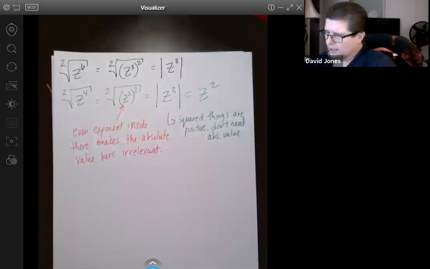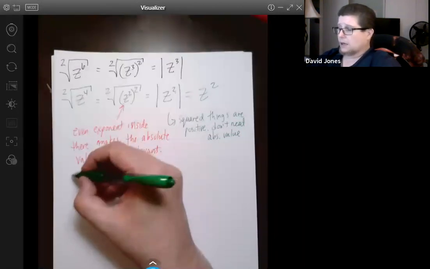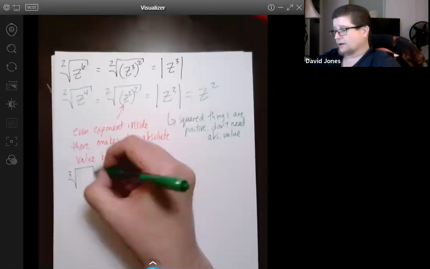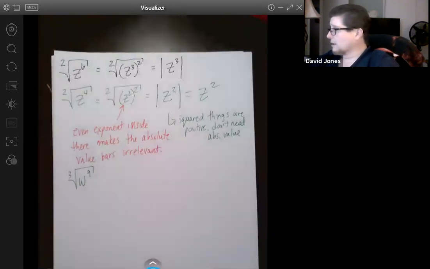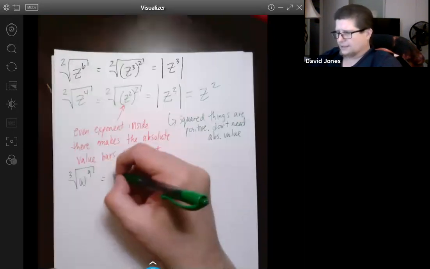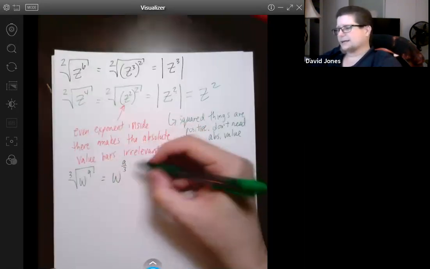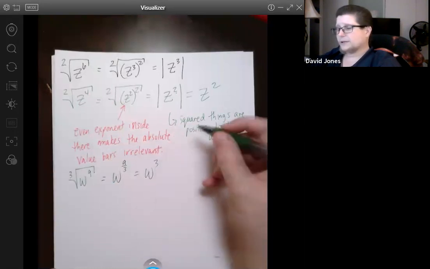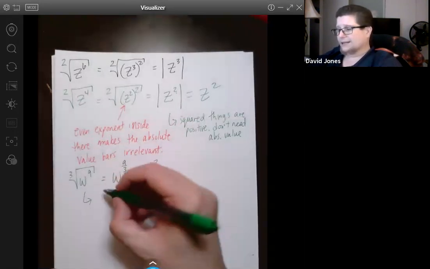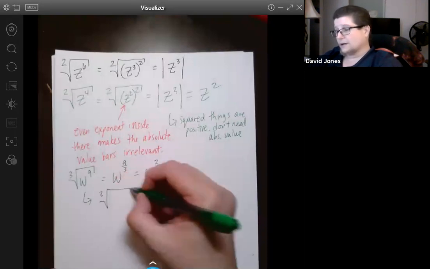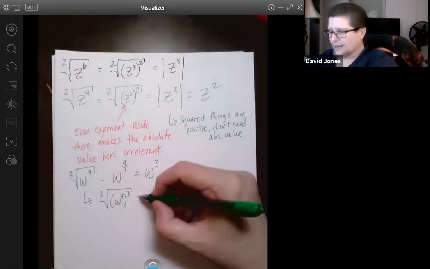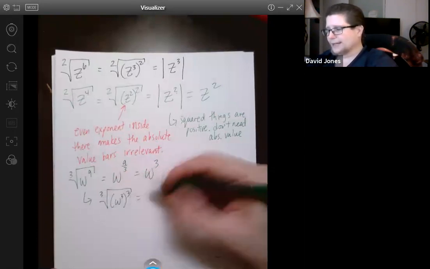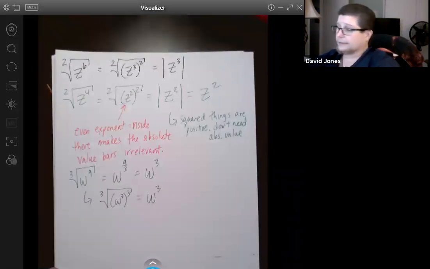And well, if you want to try out an odd exponent, when we do the cube root of w to the 9th, this is w to the 9 over 3, which is w cubed. The other way of writing this is the cube root of w cubed cubed. And then we apply the rule we had, the cube root and the cube cancel out, and we're left with w cubed. Okay.